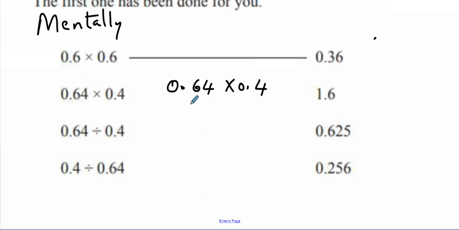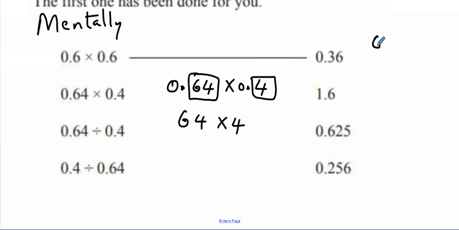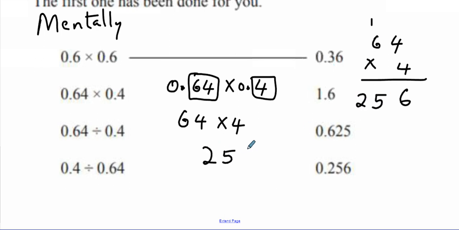Usually we ignore the decimal point and concentrate on the whole numbers. So we do 64 times 4. What is the answer? 4 times 4 is 16, add 1. 4 times 6 is 24, add 1, this is 25. So the answer is 256.